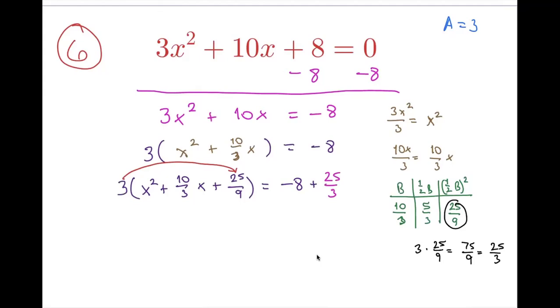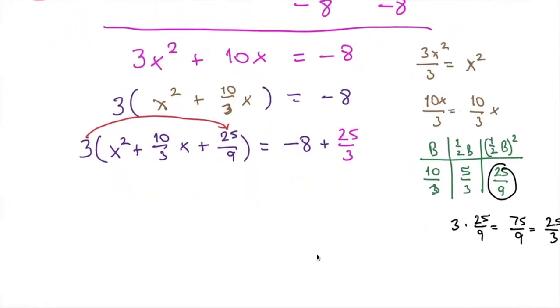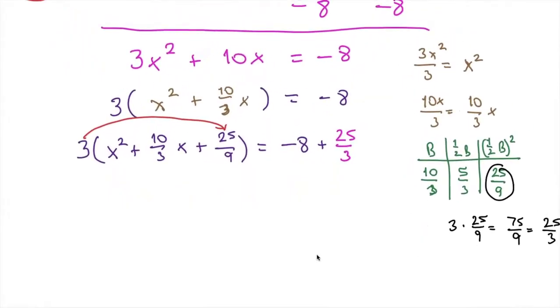So at this point, we're now going to rewrite everything. Let me zoom in just a little bit. On the left side, we have 3, and then a parentheses squared. It's going to start with x, and then we go to the half b column, which tells us it's going to be 5/3.